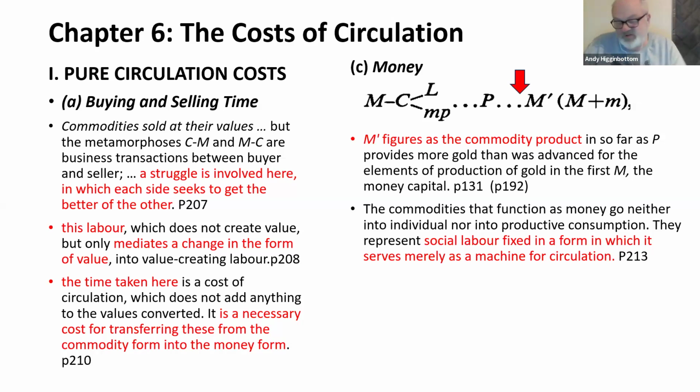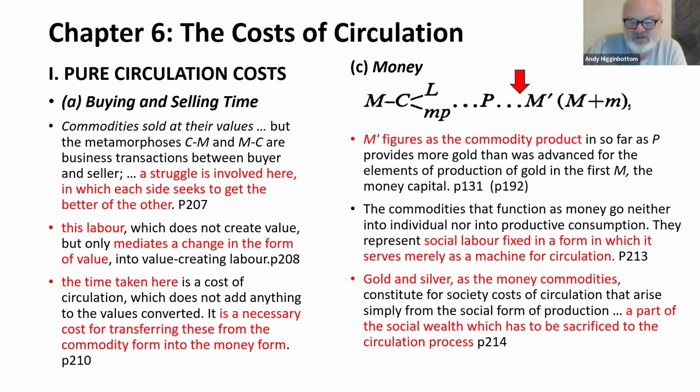Of course, people can consume it. They can decorate their necks with it, or they can put it on integrated circuits. But in its role as money, it's not being consumed, right? But I think this is, again, a bit dubious, right? Because it's not really being used as the machine for circulation, right? It's symbolic money which is being used there, okay? But he sticks with this argument.